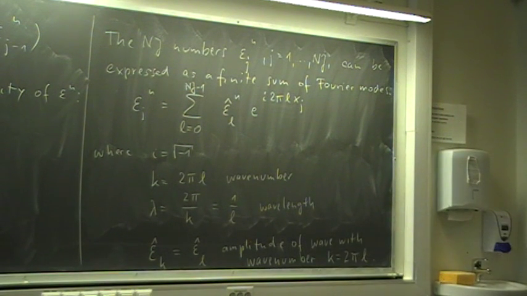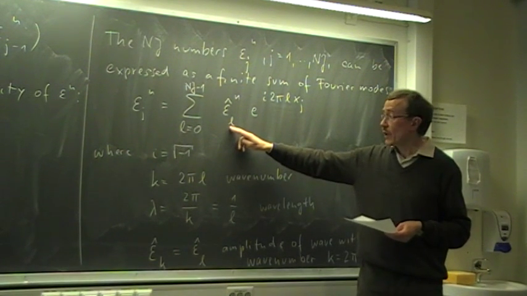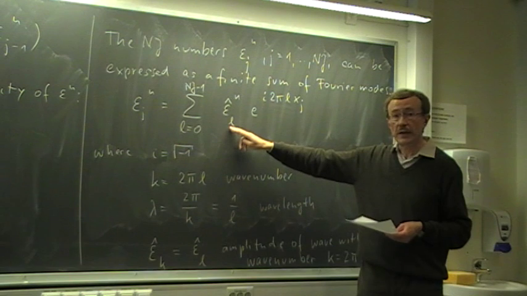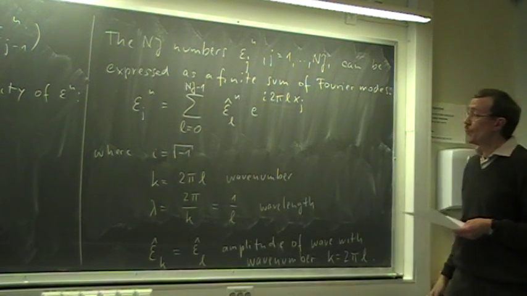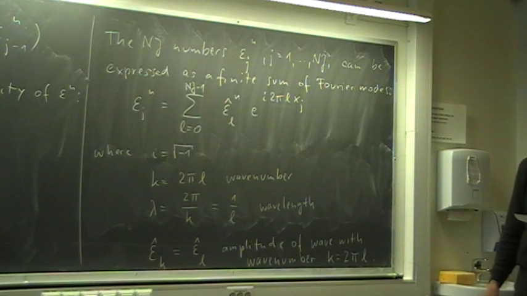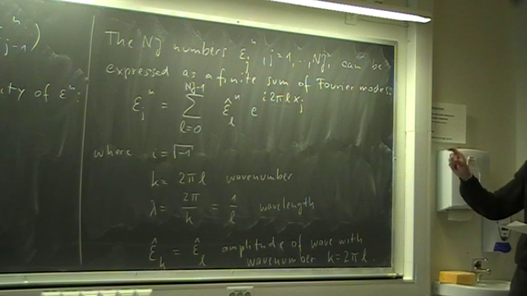So we can do both, and they are exactly the same. The difference will be that these amplitudes will be different. We can expect those for the rounding errors to be quite small, and for the numerical solution u_j, it depends on the problem what their size is. But the form will be exactly the same.